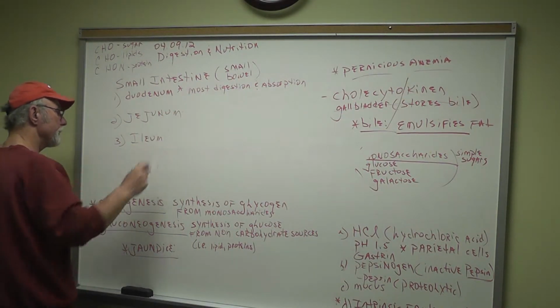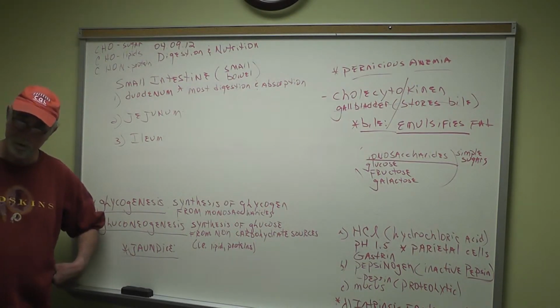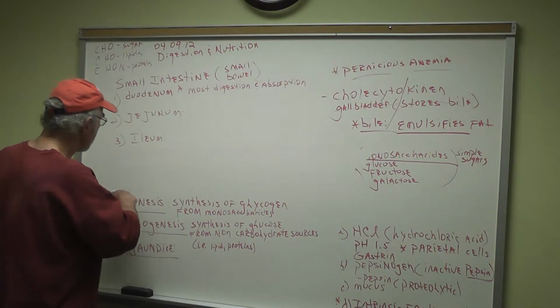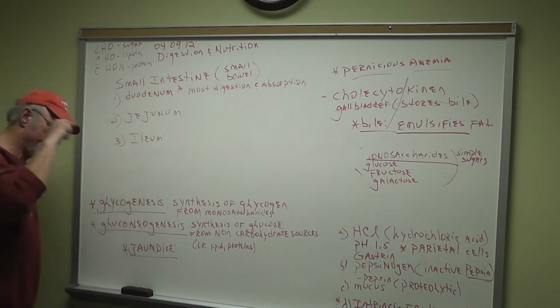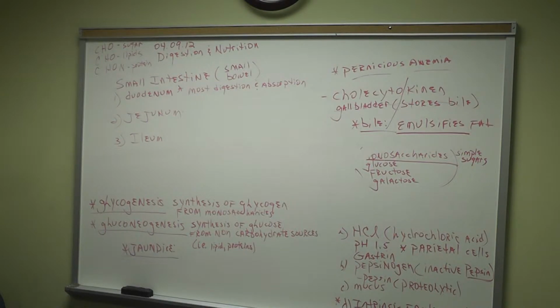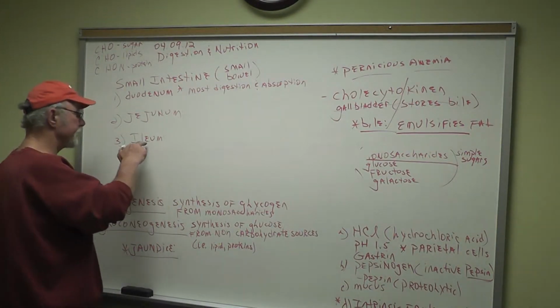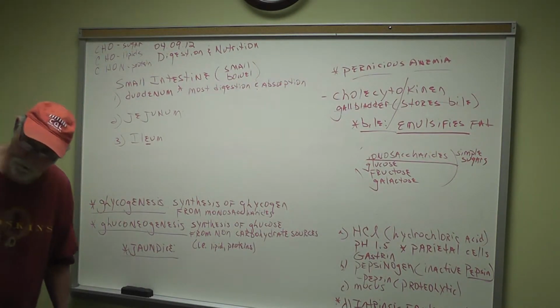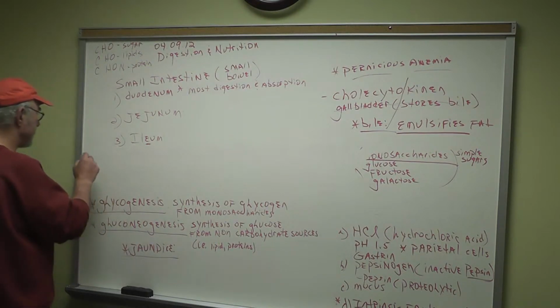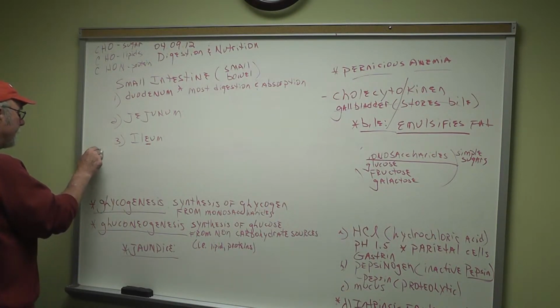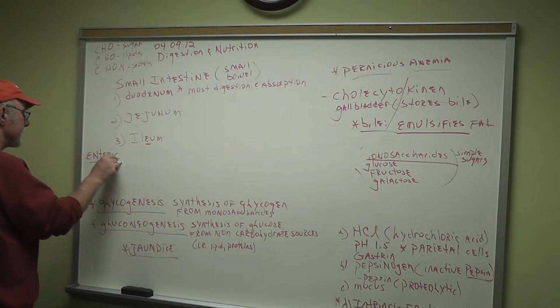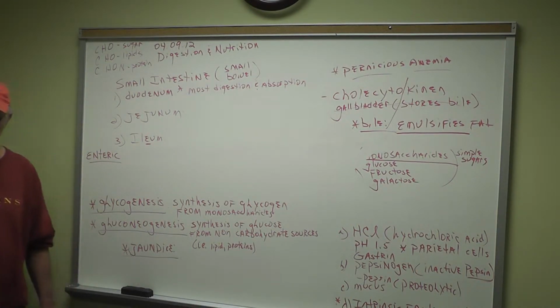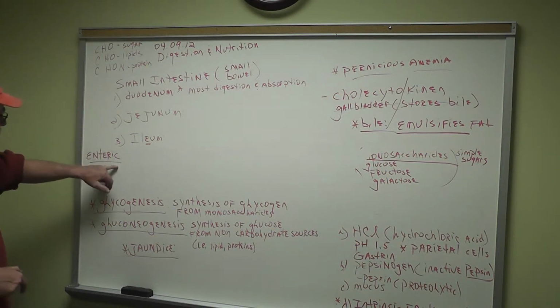Not to be confused with the ilium in your hip. And I'll tell you a way to remember that. The ileum in your digestive tract, or in the alimentary canal, is spelled with an E, and there is a term that refers to the alimentary canal, and that is enteric. A way to remember that is, you may have heard of a condition called gastroenteritis, a general inflammation and not doing too well of the stomach and the intestines.